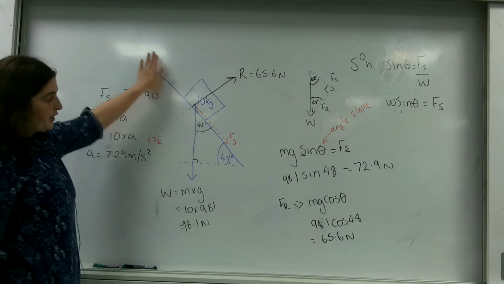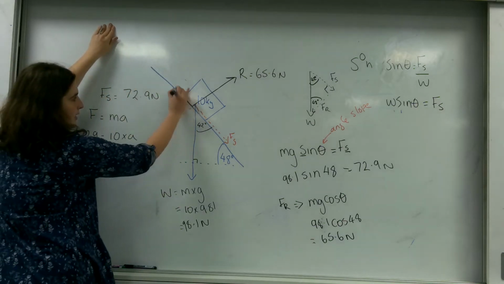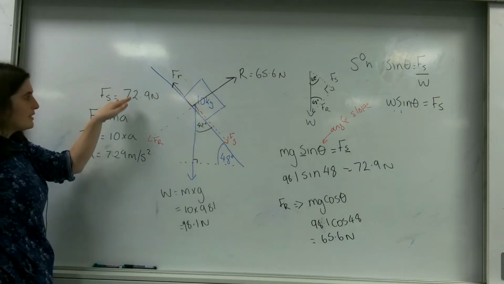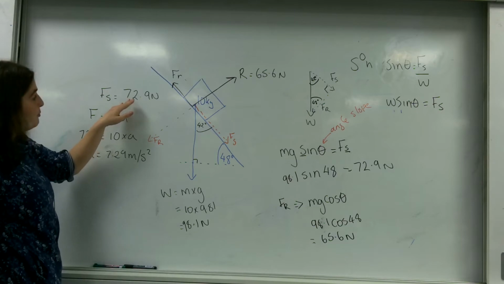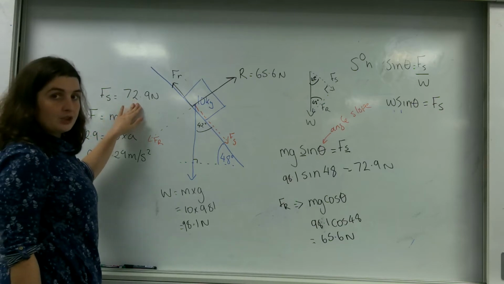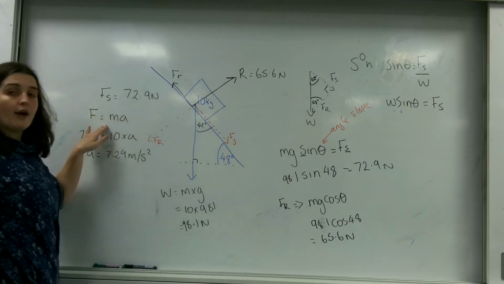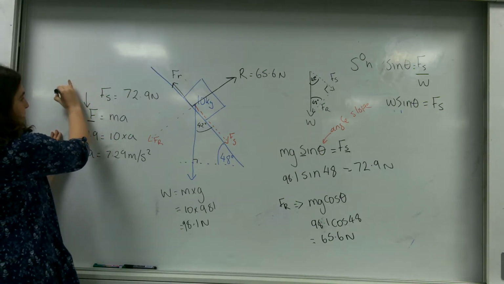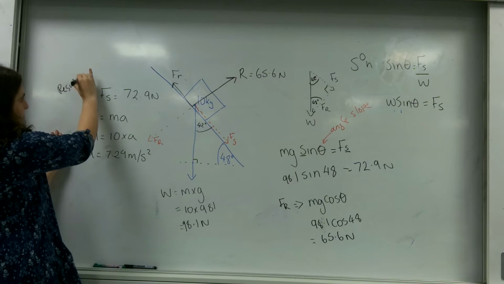If there was some friction acting this way, I would take that away from my force down the slope before I use this, so this equation here is for resultant forces.